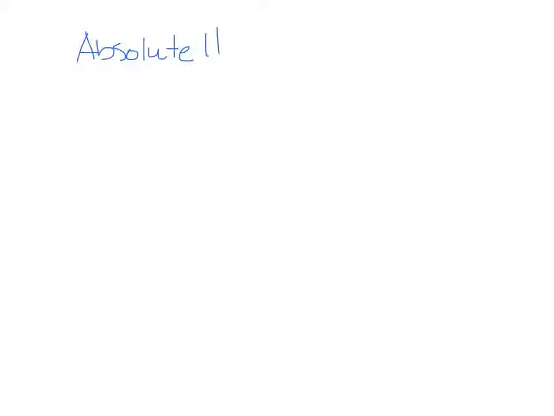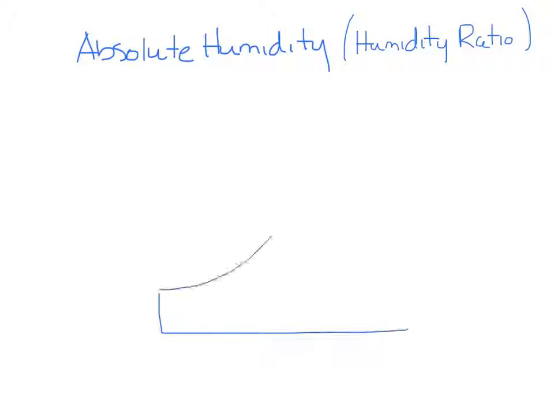Absolute humidity, also known as the humidity ratio, is the vapor content of air in pounds of water vapor per pounds of dry air, or on my chart it'll be shown as grains of water vapor per pounds of dry air, where 7,000 grains is 1 pound. It is shown on the right side of the chart and goes horizontal like this.